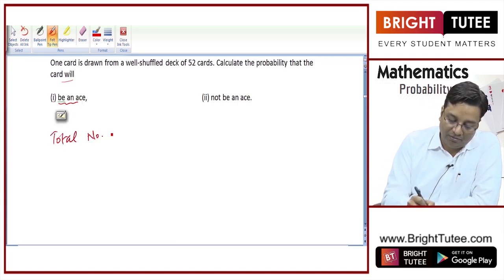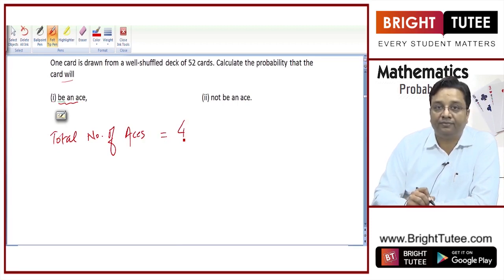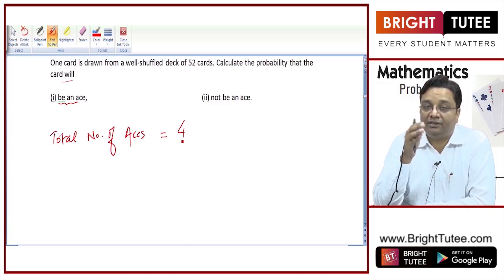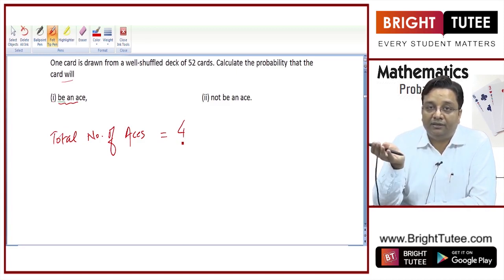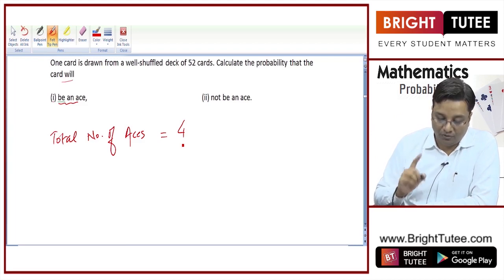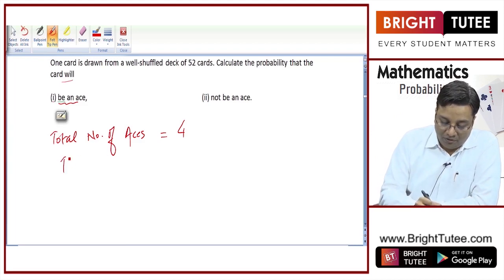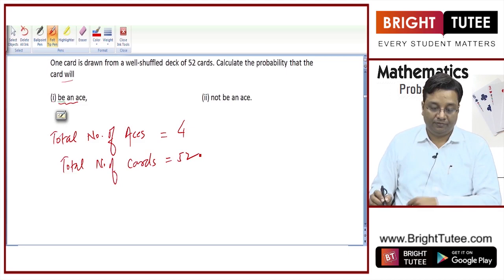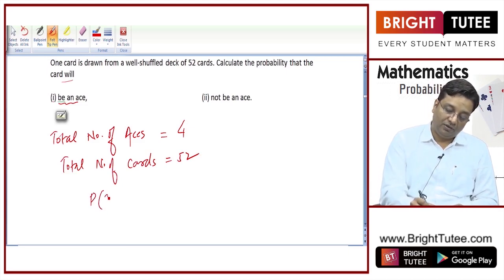Total number of aces is equal to 4, right, in each of these categories: spades, diamonds, hearts and clubs, right. Each of them will have one ace. So, what is the total number of aces? 4. Total number of cards? 52, right.